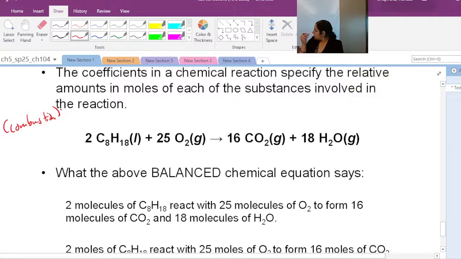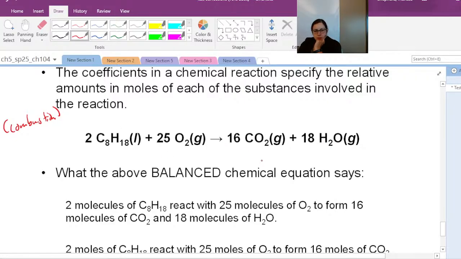Combustion reactions, at least our classic organic ones, have some sort of CxHy, and then O potentially, or maybe no oxygens. And then they're combusted. Obviously, combustion means that you're reacting with oxygen.